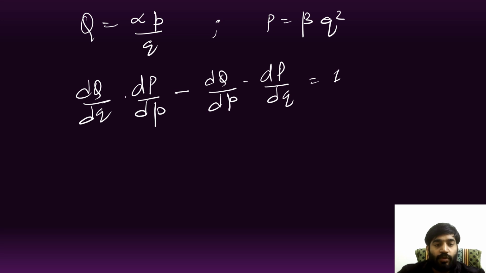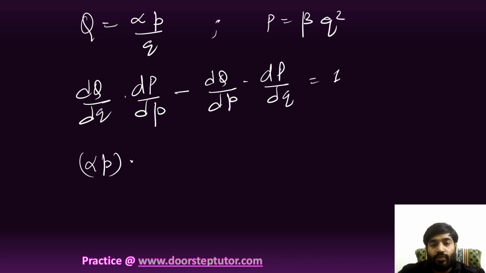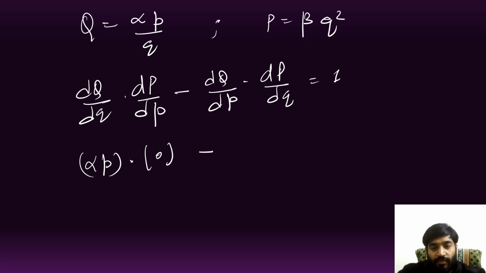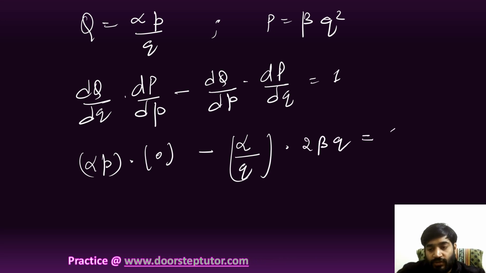So what is dQ upon small dq? It is going to be alpha p into dP upon small dp. Is there any relation between capital P and small p? No relation, so that is 0, minus dQ upon dp, which is alpha upon q, and dP upon dq, which is 2 beta q, which is equal to 1.